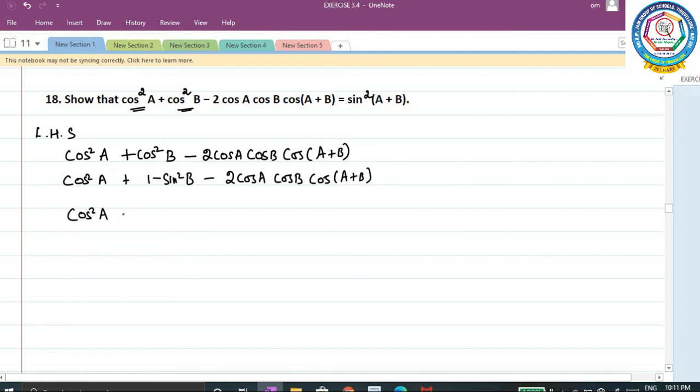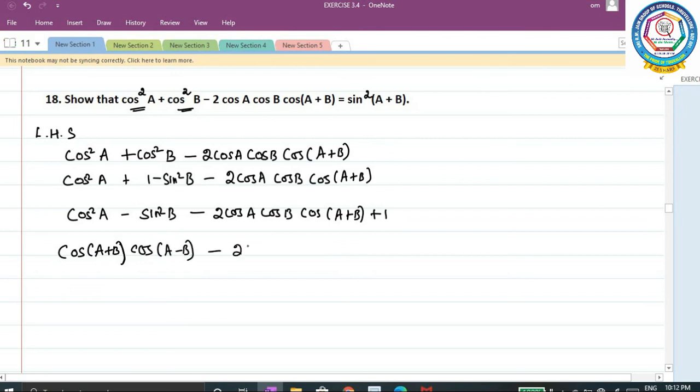Next, I am going to rearrange this one. cos²A minus sin²B minus 2 cos A cos B cos(A+B), then plus 1. We know the formula cos²A minus sin²B equal to cos(A+B) into cos(A−B), then minus 2 cos A cos B cos(A+B) plus 1.